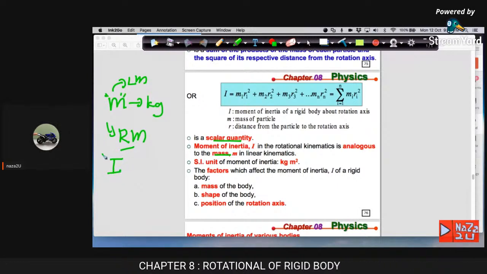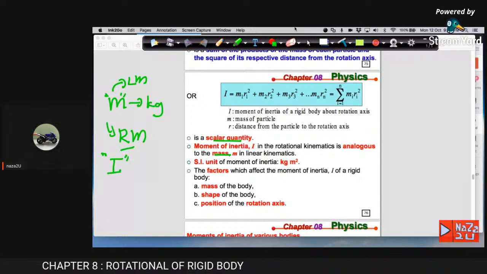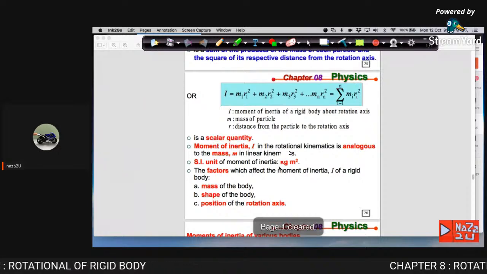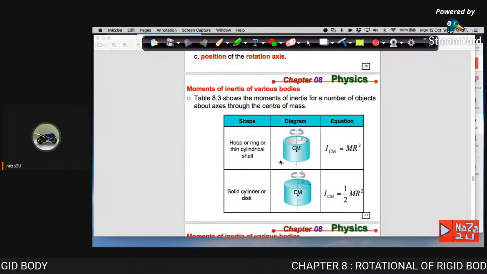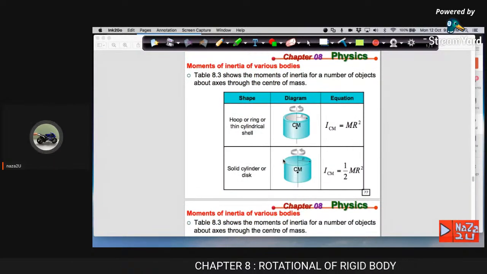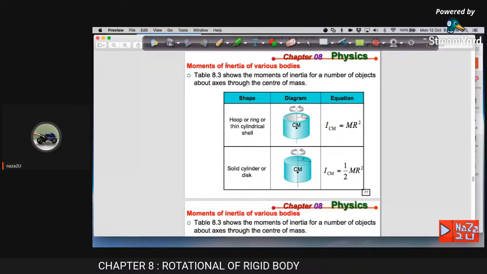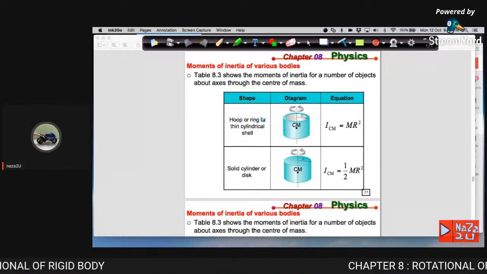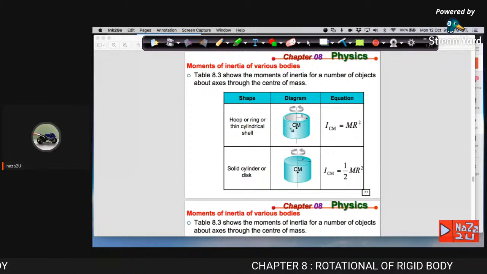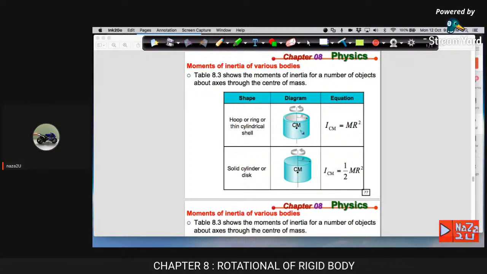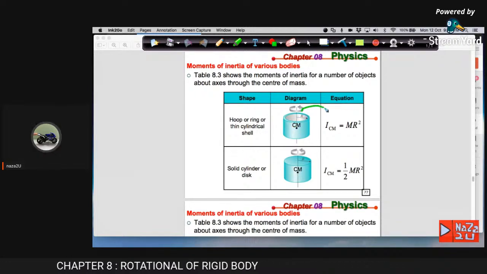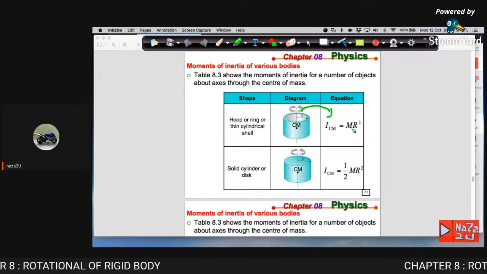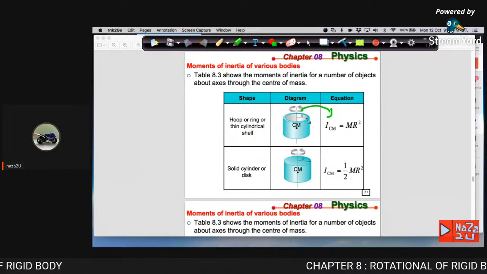So, moment inertia bergantung kepada shape of the object. Katalah dalam bentuk hoop ataupun ring, di tengah-tengah tu kosong. So, moment inertia dia adalah mass times radius r square.